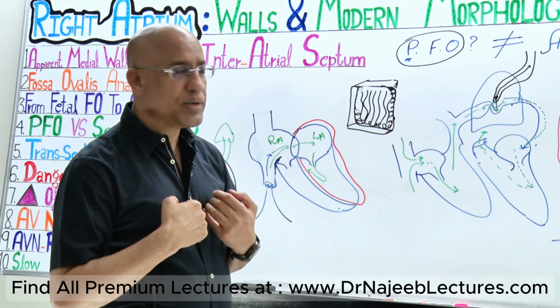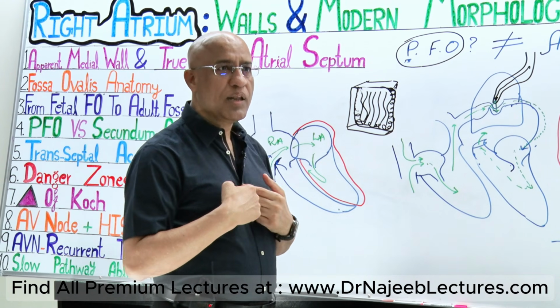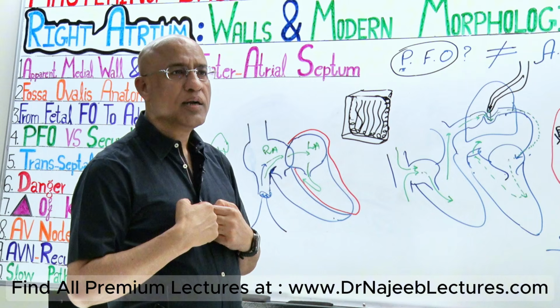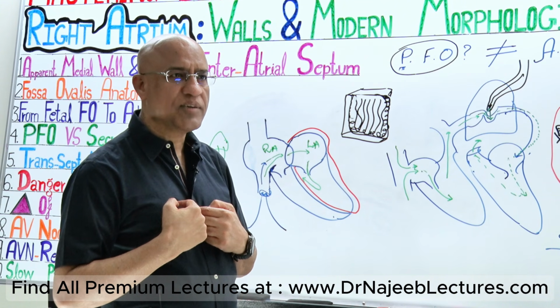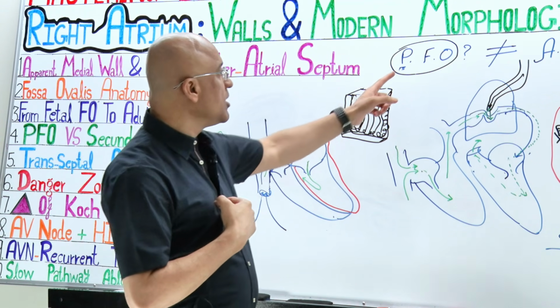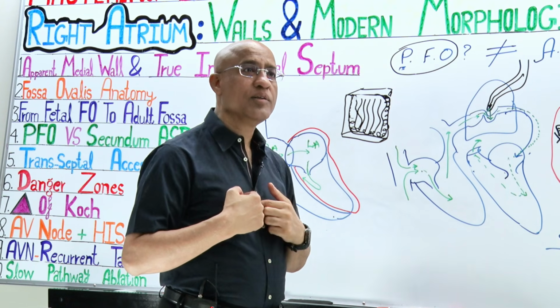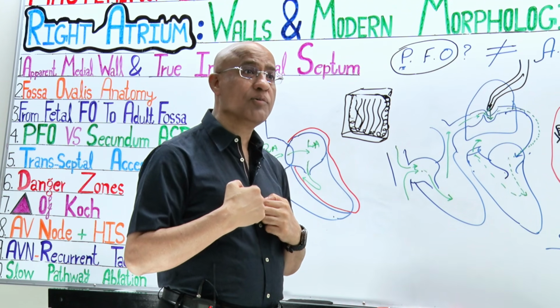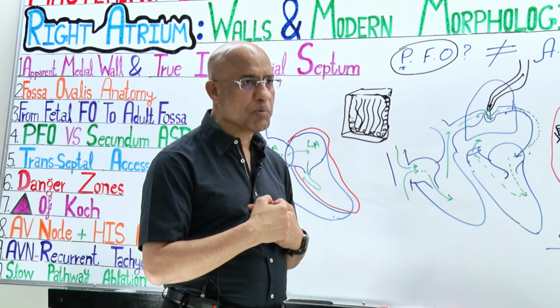If they have a patent foramen ovale, they will develop a transient shunting of the blood from the right atrium to the left atrium through the patent foramen ovale tunnel, right? And that thrombus might cross from the right atrium to the left side of the heart, the paradoxical thromboembolism.